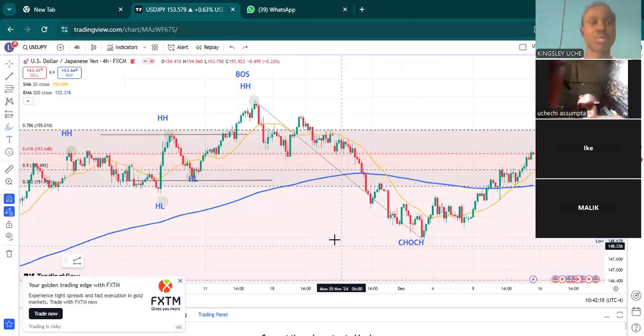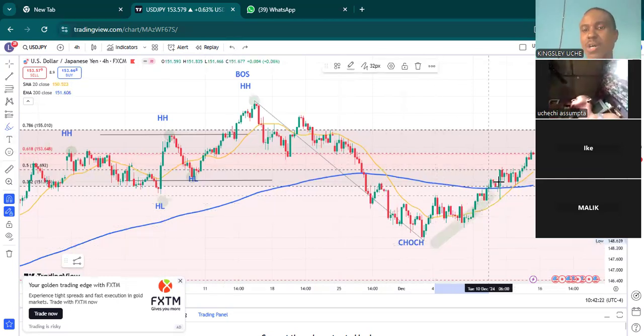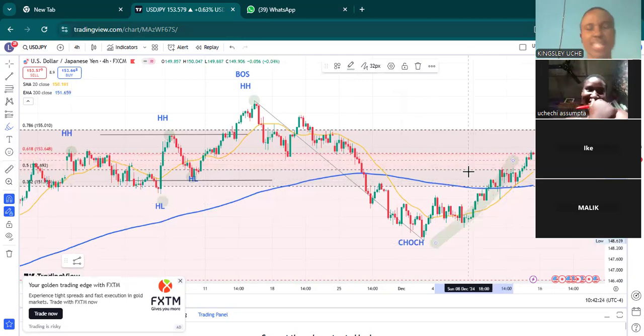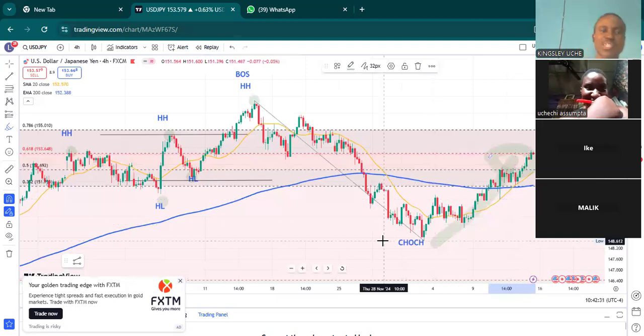Great. So now we see that the market, from the change of character, gets into the 0.5, 0.618 area, this zone where you have the red line and the black line. If you look closely, you can see the price pushed towards that area. Now the second phase of the strategy would begin.